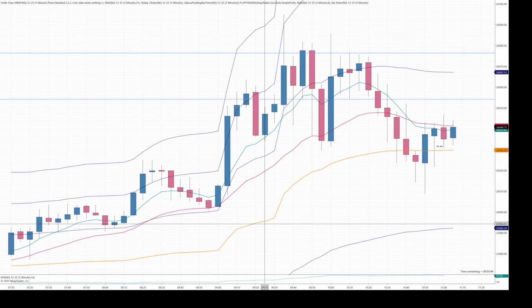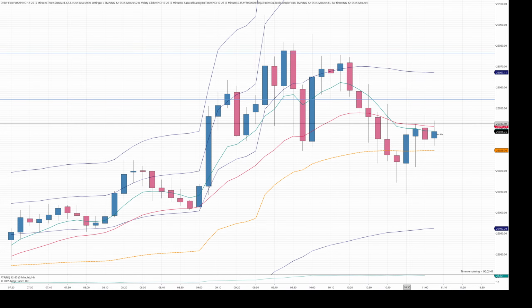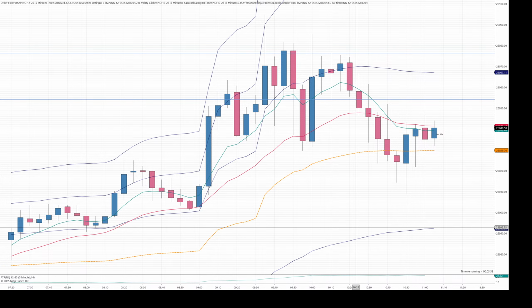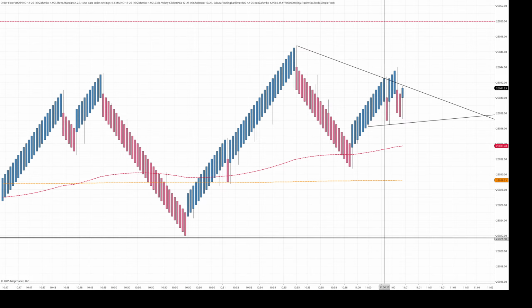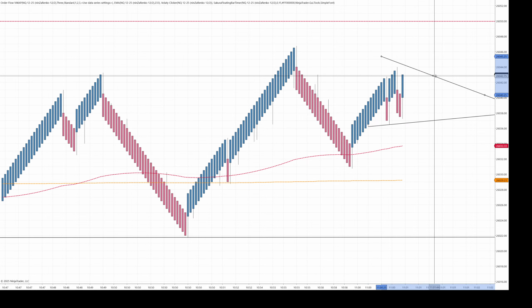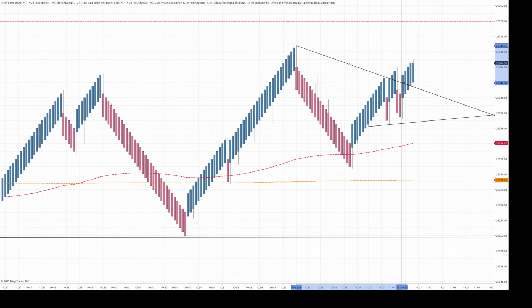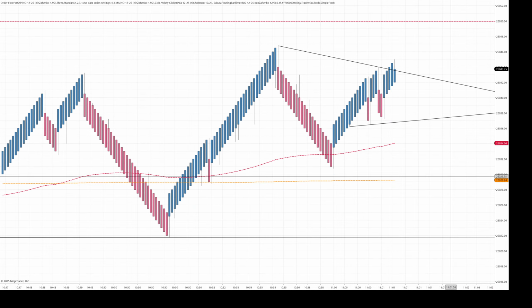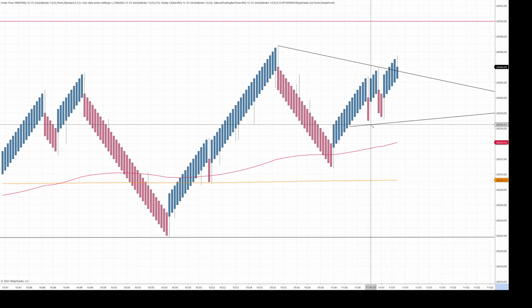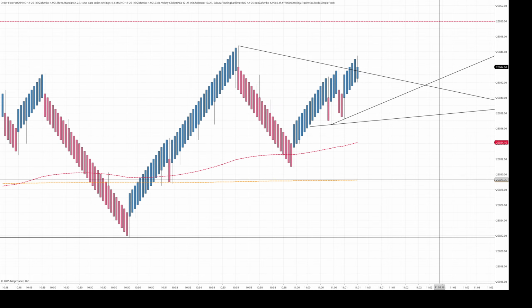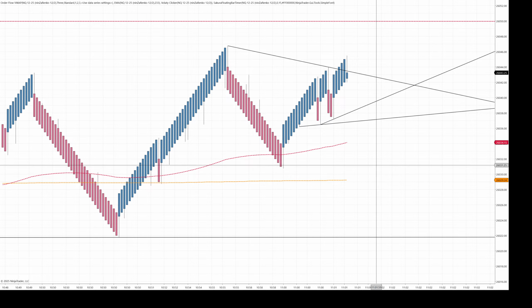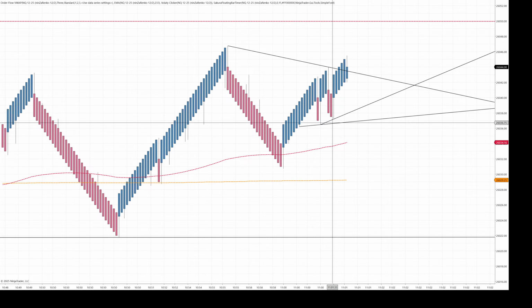If we go back to the 5 minute, you guys can see we're still stuck in this range here underneath these two EMAs. I don't like this upward trend line that I had to draw here because now I can't take this reversal coming back down.